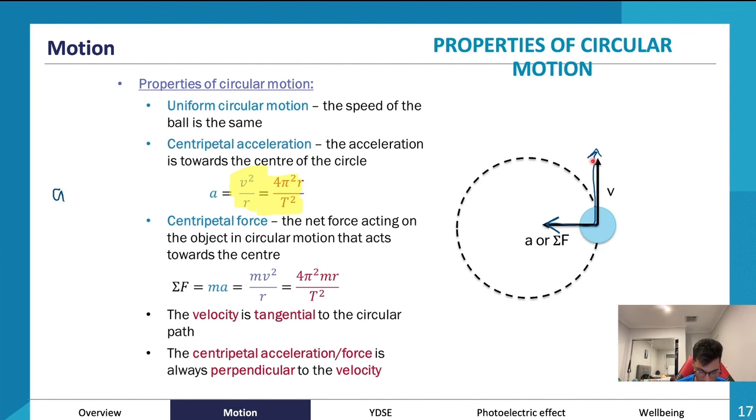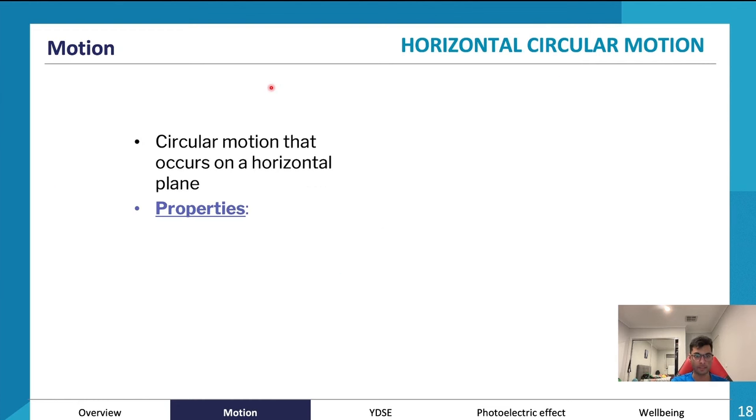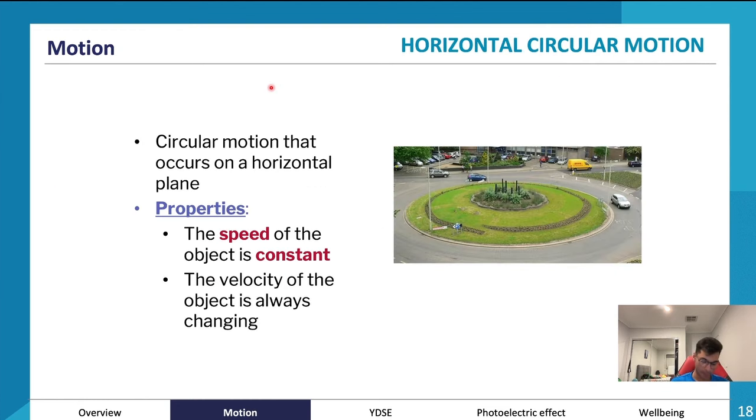And because velocity is always changing, it is accelerating. We know acceleration is change in velocity divided by the time. Because there's a change in velocity, we have some sort of acceleration. But what you have to keep in mind, what I said before, is speed and velocity are once again not the same thing.